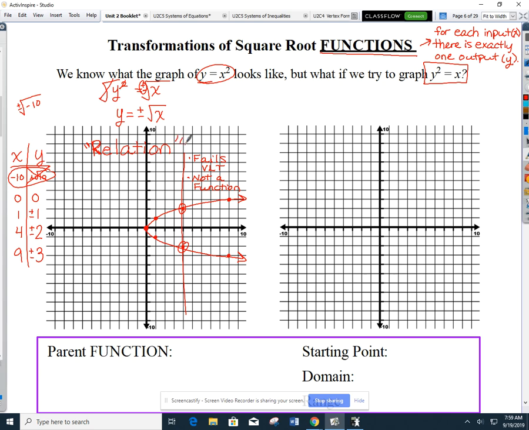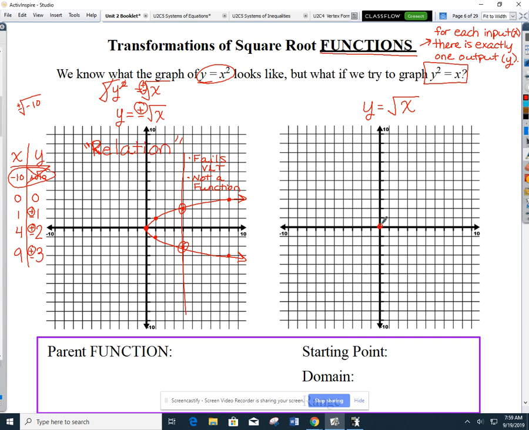But what we want to study are square root functions. So in order to study a square root function, we're only going to look at the top half of this graph. So we're just going to look at y equals the square root of x. We already have the values. We would just be graphing only the positive numbers.